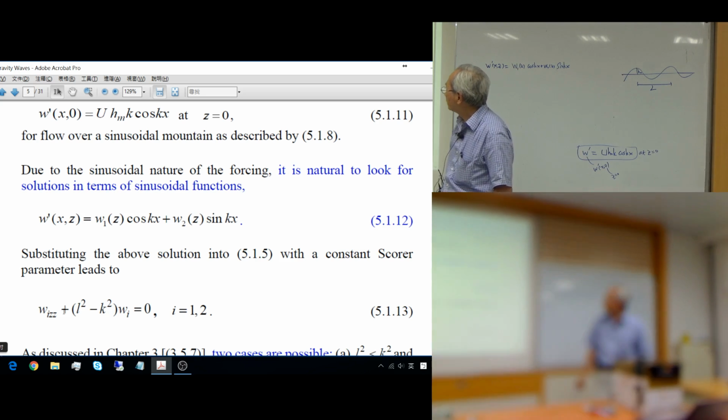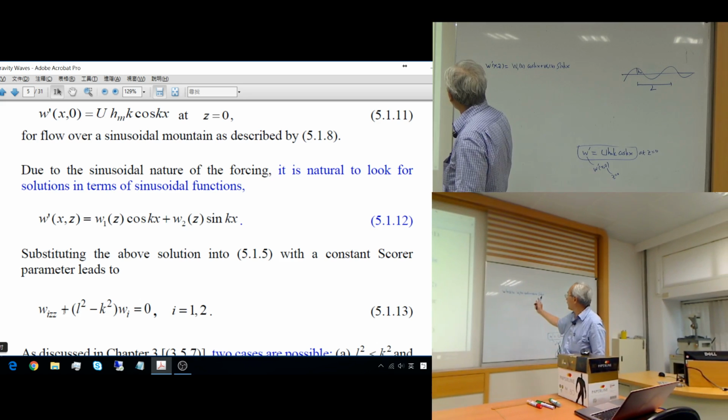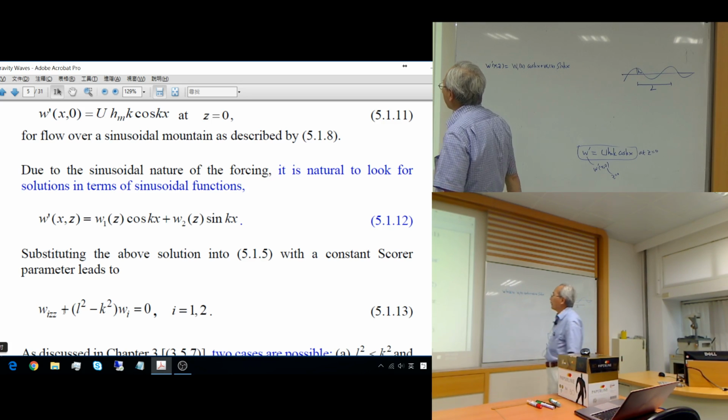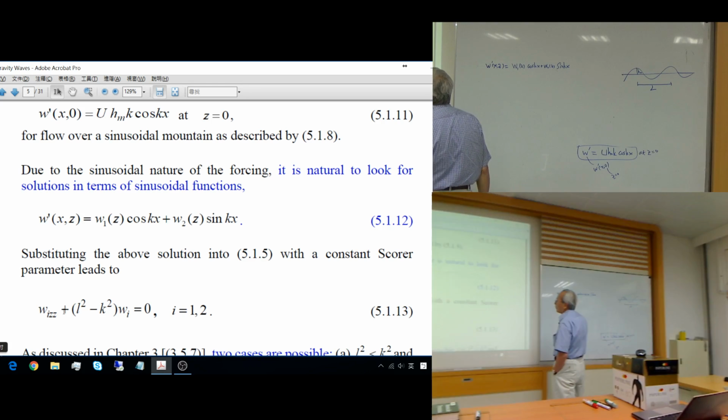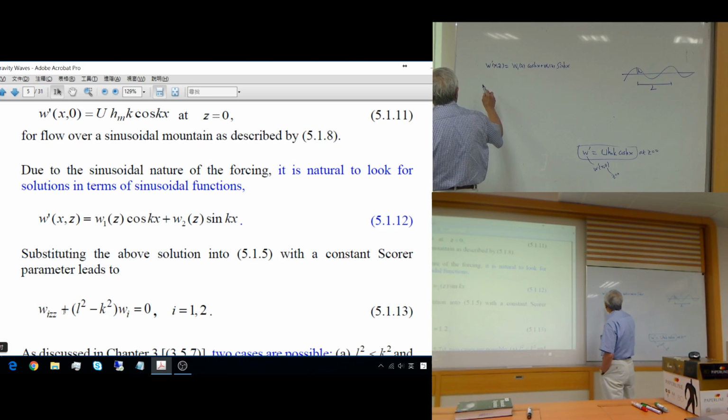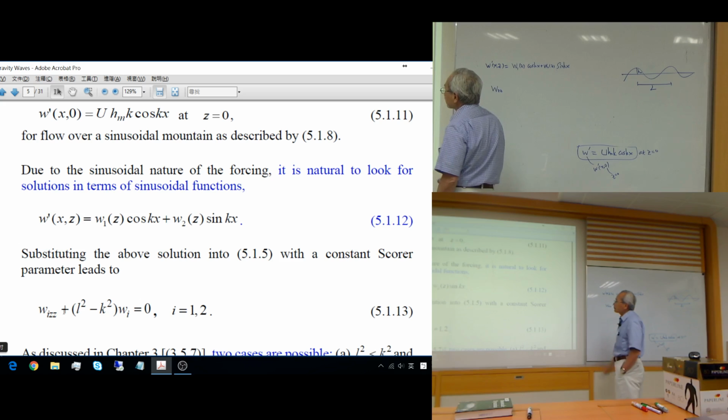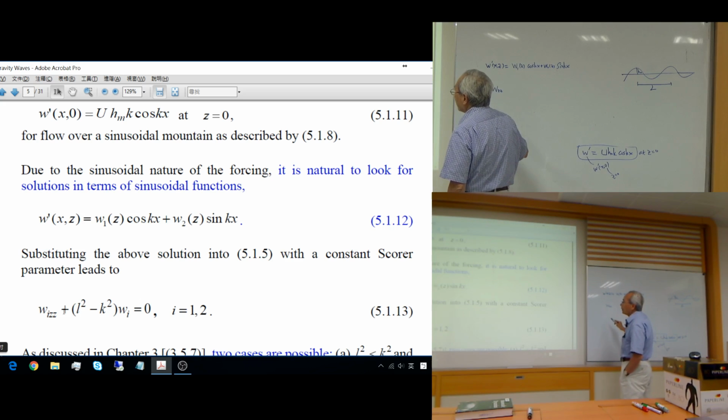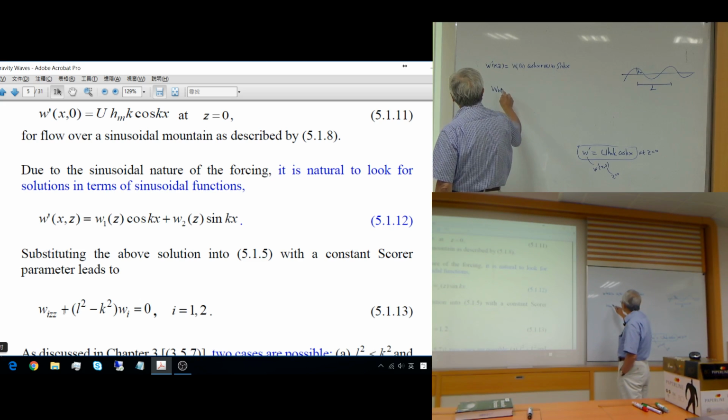And then we can substitute this into equation 5.1.5, that is w_zz, w_z plus, let me see, what do we have?